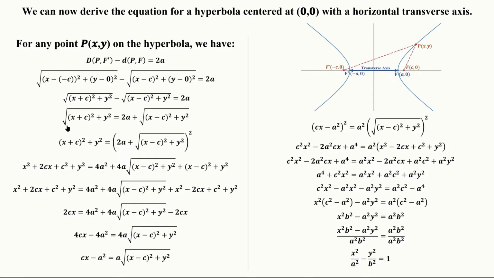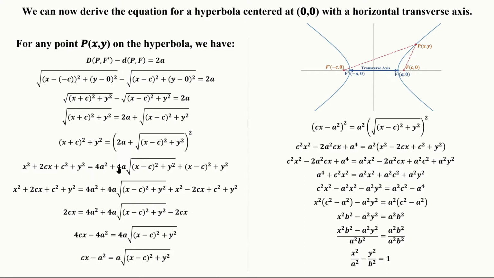When you square the left side, that's just a simple radical expression, so you basically just get the radicand, which is the expression under the radical. Now we're going to have to square this two-termed expression. So let's expand (x plus c) squared. We get x squared plus 2cx plus c squared, and we already have a y squared.